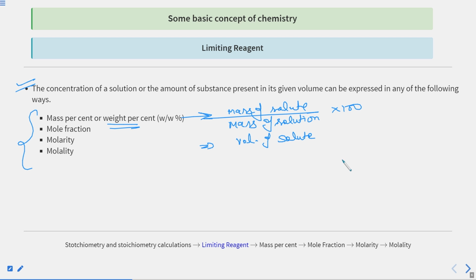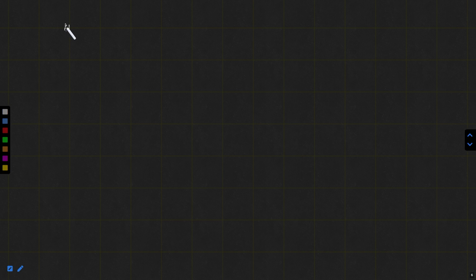In this way you can calculate mass percentage and volume percentage. So what will be the formula for volume by volume percentage? If we have a solution, you can say volume of solute divided by volume of solution, and for percentage you have to multiply with 100. Similarly, you can calculate the mass by volume percentage.